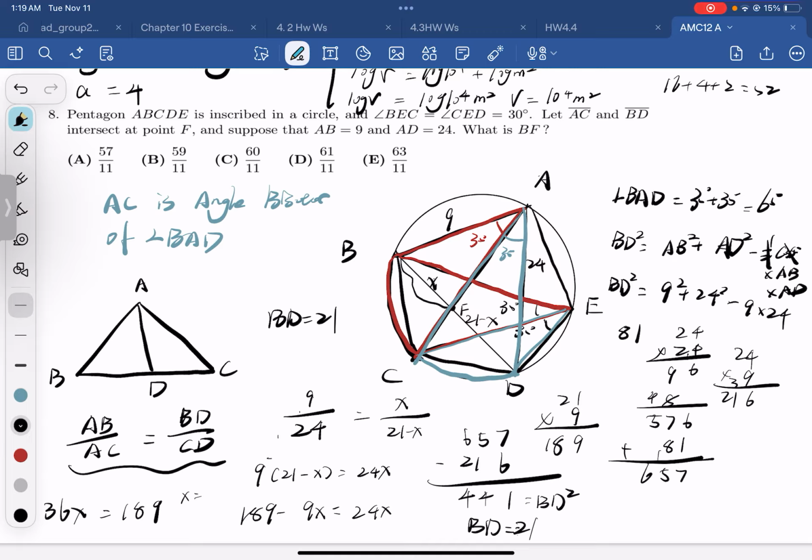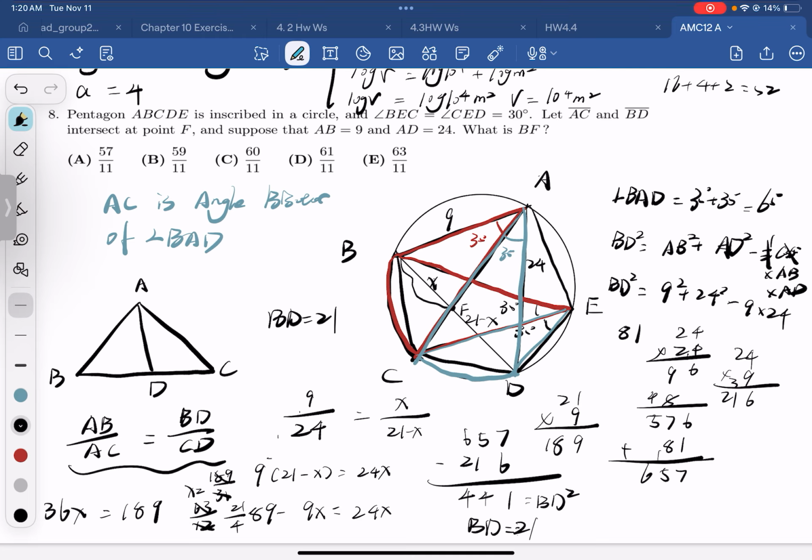So X equals 189 over 36. Wait, hold on, my bad. We divide by 3, it's 63 over 12. We divide by 3, it's 21 over 4.